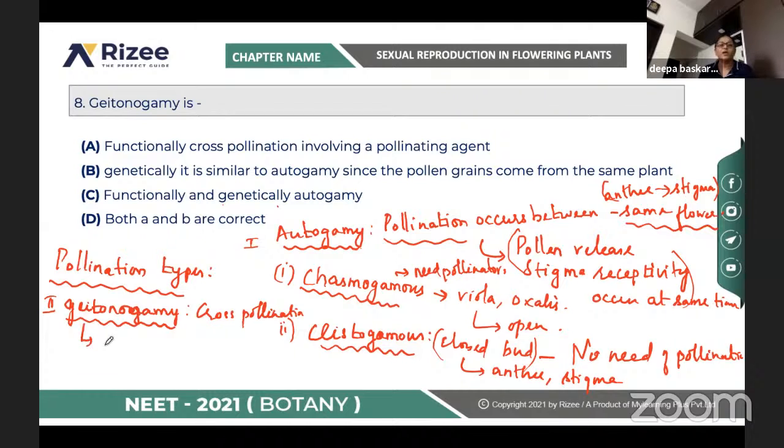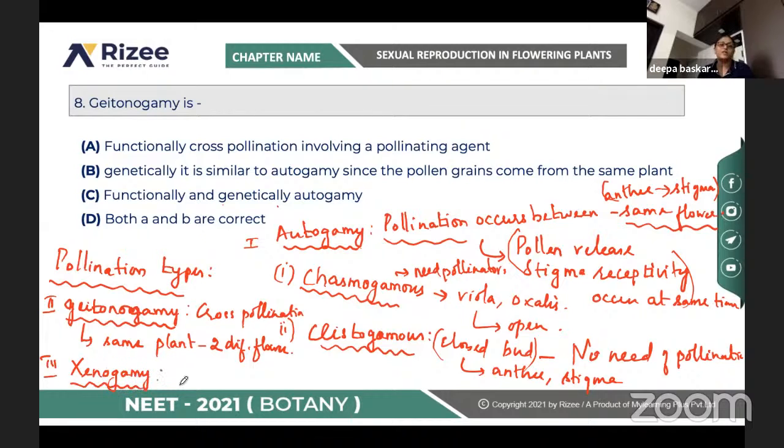In geitonogamy, it is the same plant, but two different flowers. So the anther of one flower is reaching the stigma of another flower. That is called geitonogamy. And again, here also pollinators are needed. Okay. So again, the third type is xenogamy.